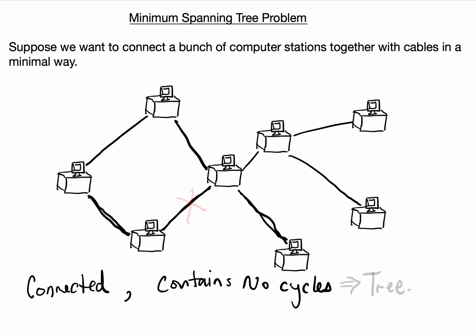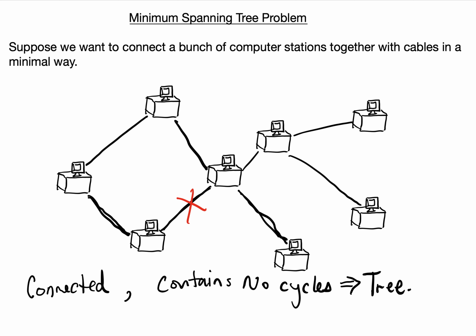We could remove one of the cables and the stations would still be connected together. And by definition, because this graph is connected and contains no cycles, that means that this graph is a tree.